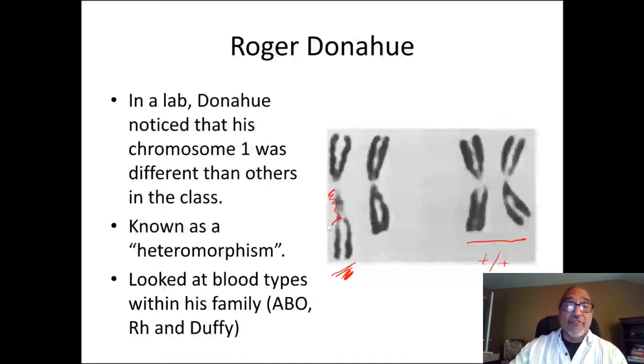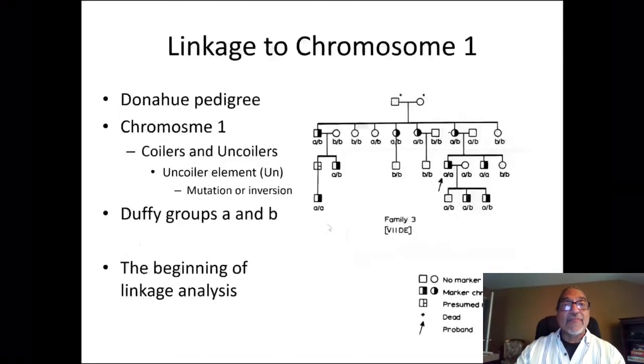Donahue, however, was not willing to let this observation pass. What he did was he actually went back home, and in addition to doing a blood test for the Duffy A and B groups, he also identified individuals in his family that did and did not have these elongated X chromosomes.